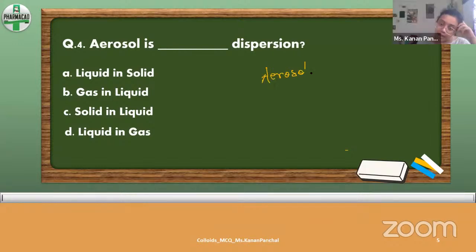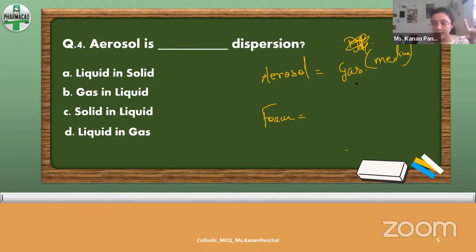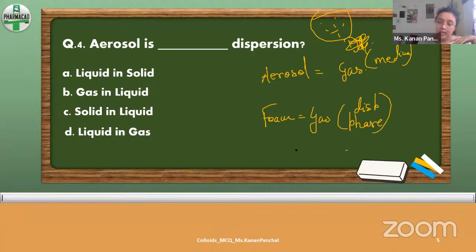See, मैंने बोला है aerosol में your dispersion phase becomes gas, and foam में your dispersion medium is gas. Medium is gas. Okay, so gas में you will have things, and foam में gas becomes your dispersed phase. So now tell me, what is aerosol?